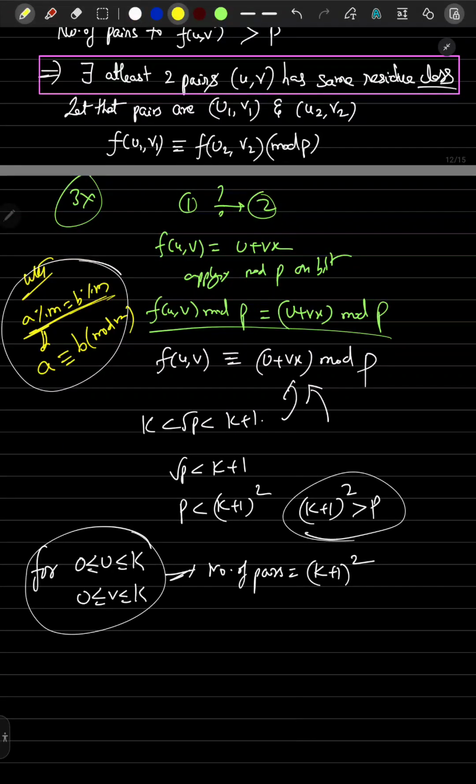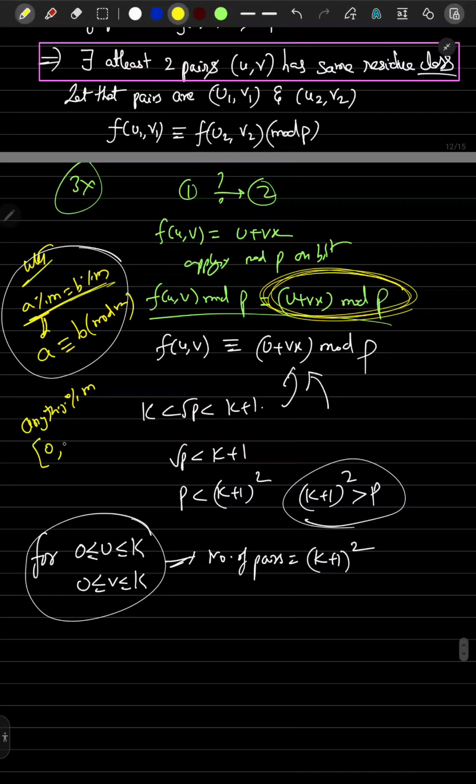You tell me what are the possible values of this one. Percent m means mod m. What are the possible values? As I told in the previous class, 0 to m minus 1.